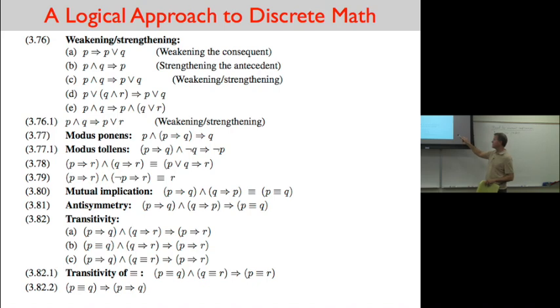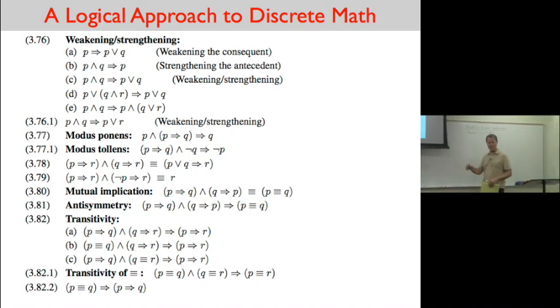It says P implies Q and Q implies P is equivalent to P equivalent to Q. Are you with me? So if you have a theorem that has the form P equivalent to Q, some expression equivalent to another expression, one way to prove it would be to assume the left-hand side and get it to imply the right-hand side, and then in the next step start with the other side and get it to this side. It's like two subproofs, kind of like case analysis.